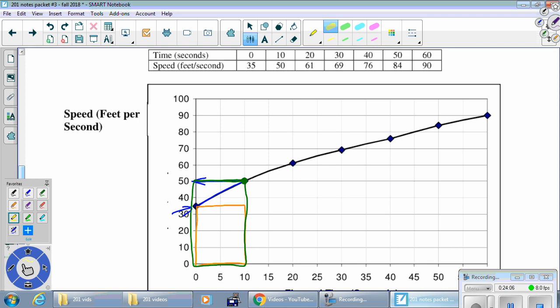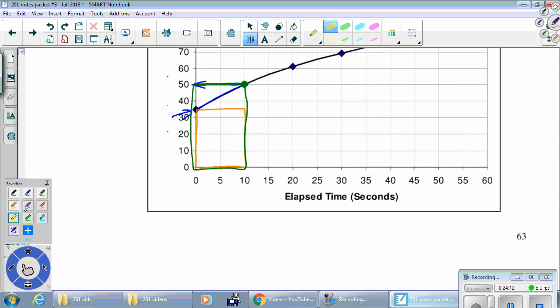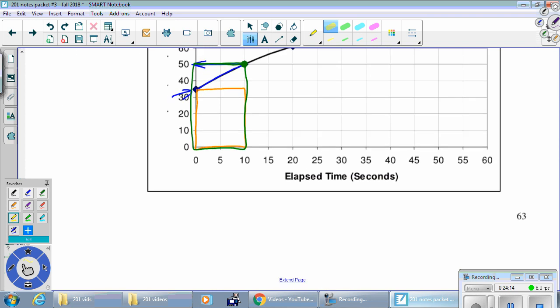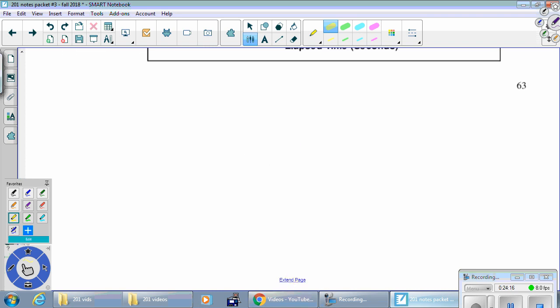Okay, welcome back. I'm going to go ahead and go to the space at the bottom and use the numbers in the table. All right, so our low estimate, distance traveled equals, in the first 10-second period, we're going to pick the lower of the two speeds. We had 35 and we have 50. We're trying to do a low estimate, so we pick 35 times, this is velocity times time, 10 seconds in this case.